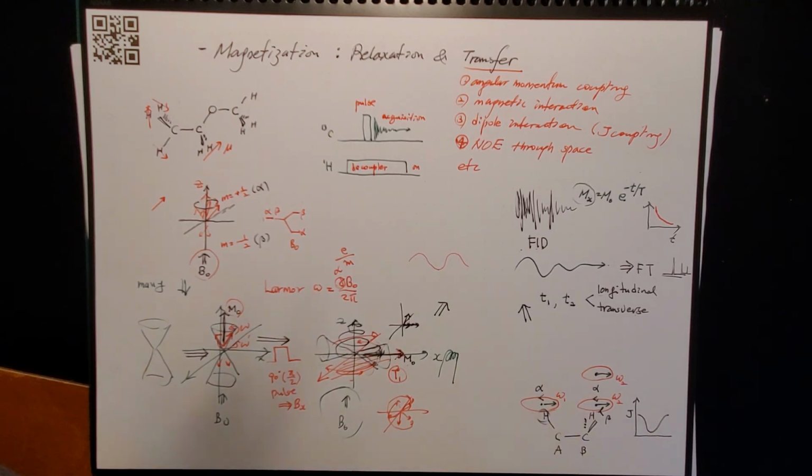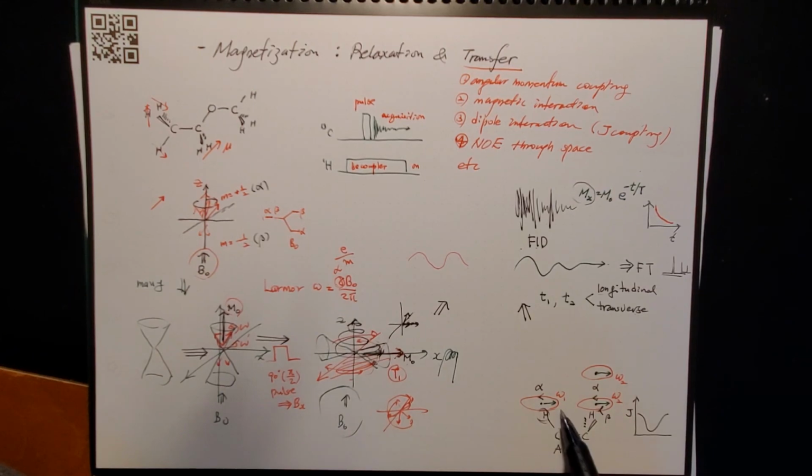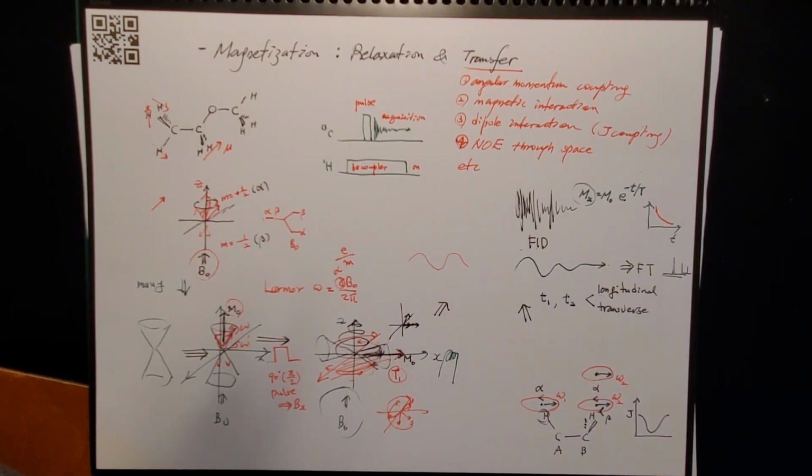Therefore, you get three different frequencies. Imagine you have millions of molecules. One molecule had alpha alpha, the other had alpha beta, the other had beta beta.